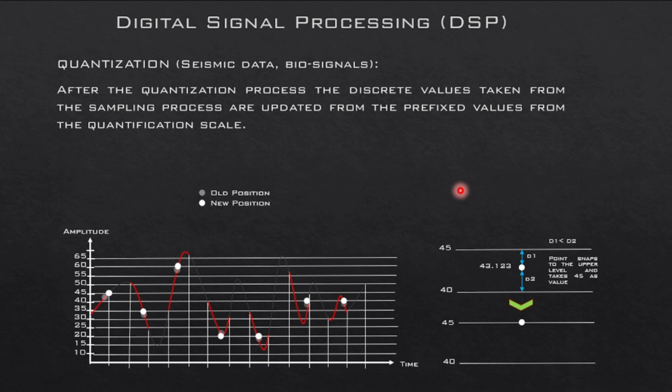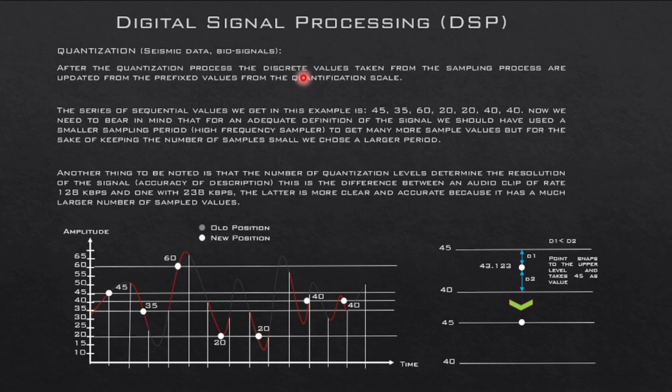So after the quantization process, the discrete values taken from the sampling process are updated to the prefixed values from the quantification scale. The series of sequential values we get in this example is 45, 35, 60, 20, 20, 40, 40. All right, these are the values in sequence.